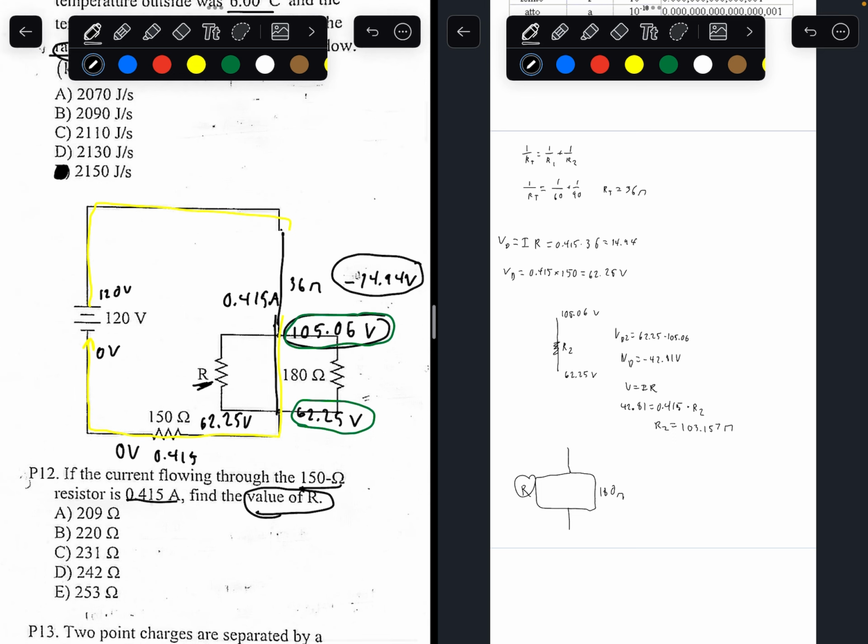So that means 1 over RT equals 1 over R plus 1 over 180. We know the total resistance is something we calculated. It's going to be 103.157.